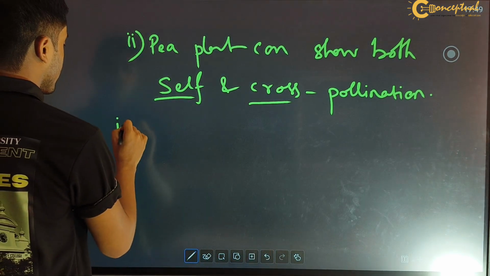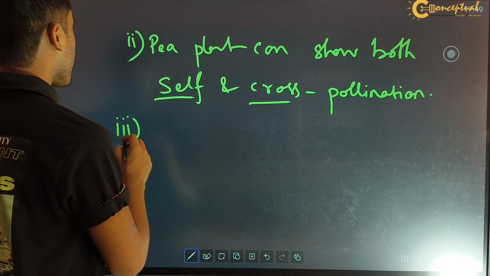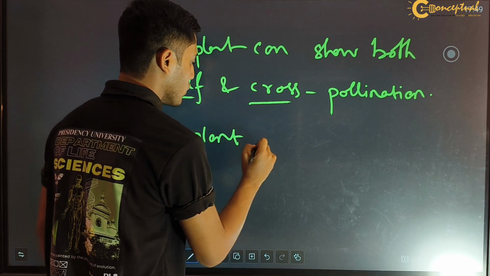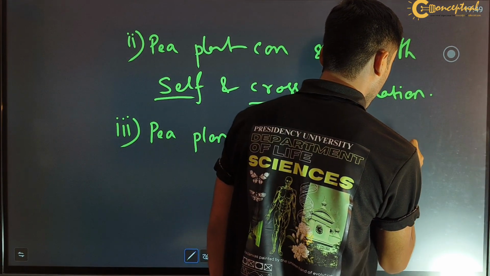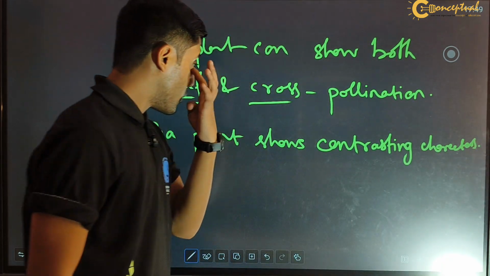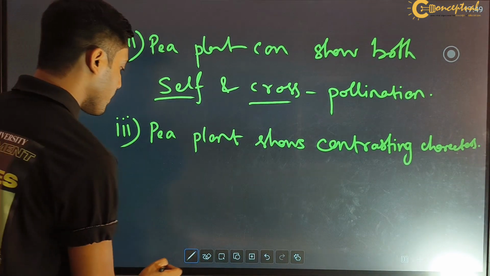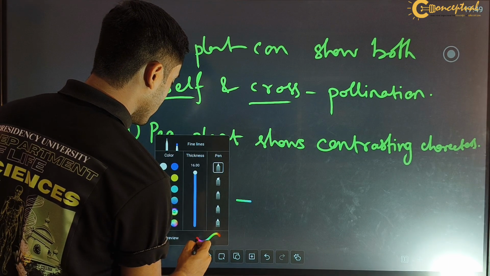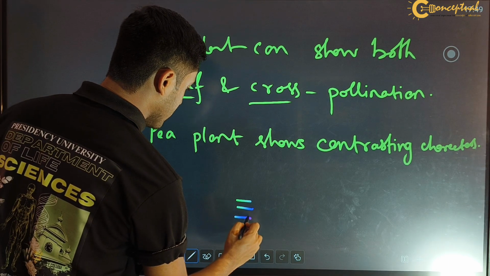All right. So the third reason for choosing the pea plant is that pea plant shows contrasting characters. The way certain people perceive colors is different. तो फिर हम लोग अगर ऐसे कहें कि say this is a color, a particular color, this is another particular color, and this is another particular color.